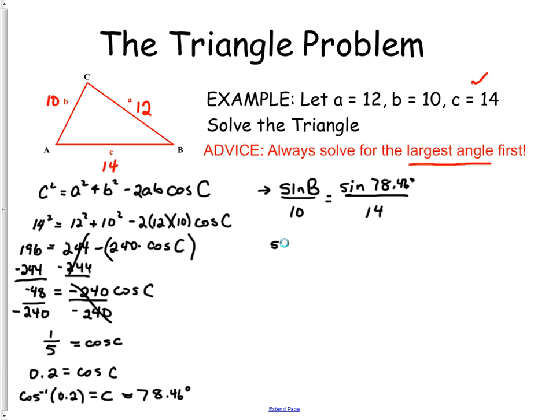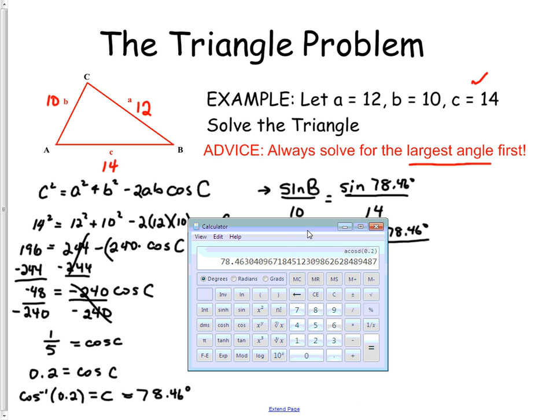So sine of B would be 10 times the sine of 78.46 degrees divided by 14.